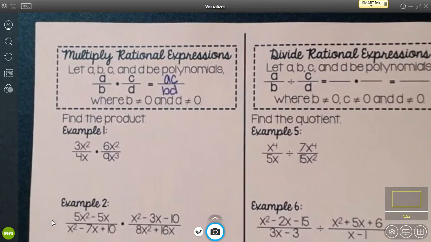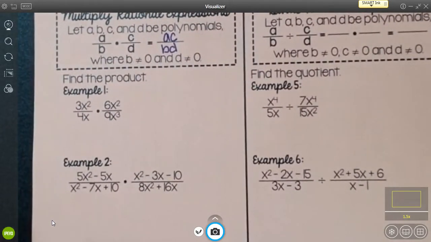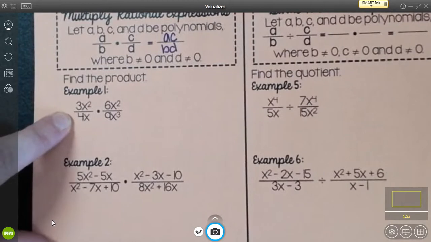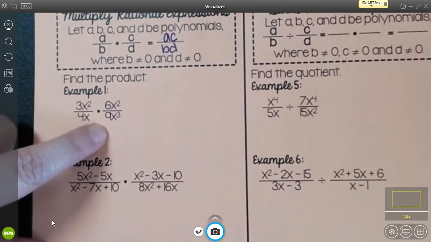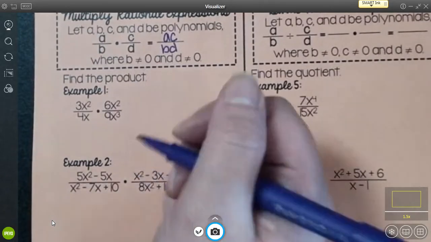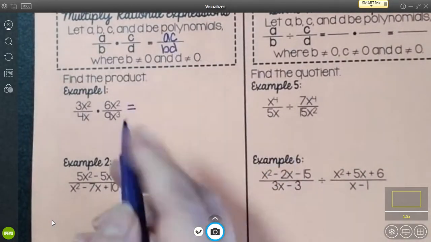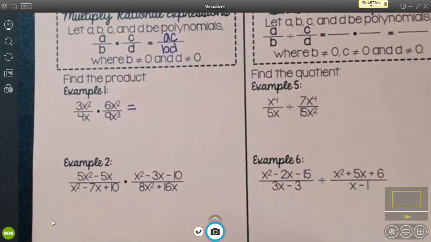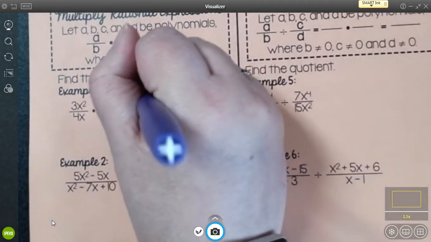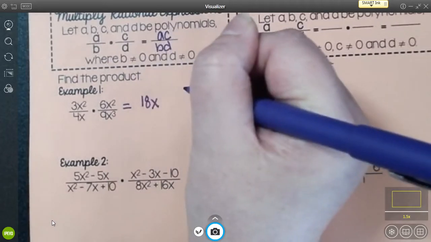Okay. So let's start off a little basic. A monomial over a monomial times a monomial over a monomial. So going straight across the top, 3x squared times 6x squared. 18x to the 4th, good.